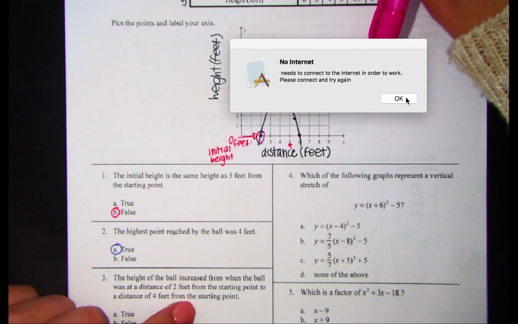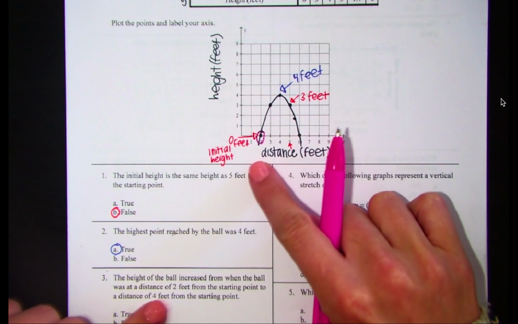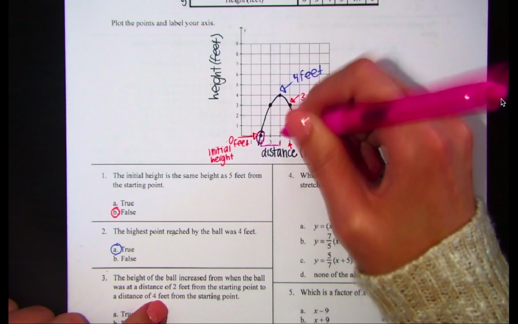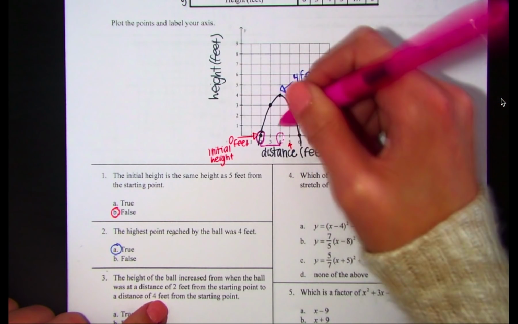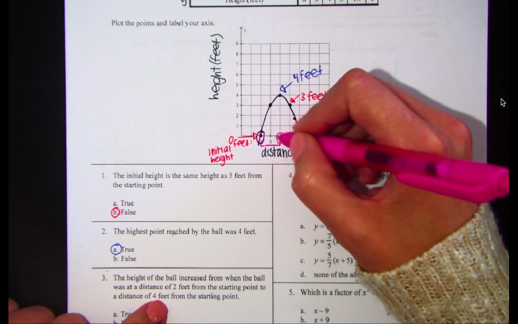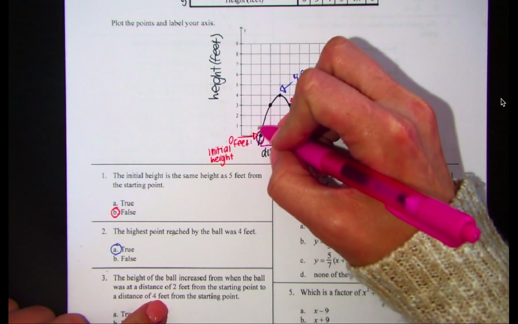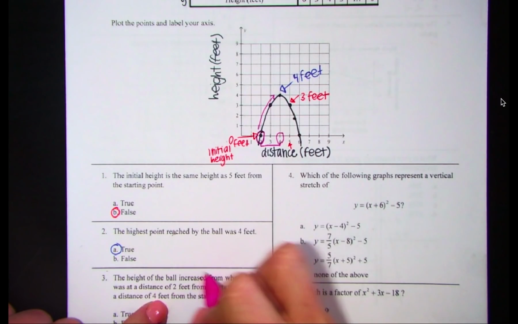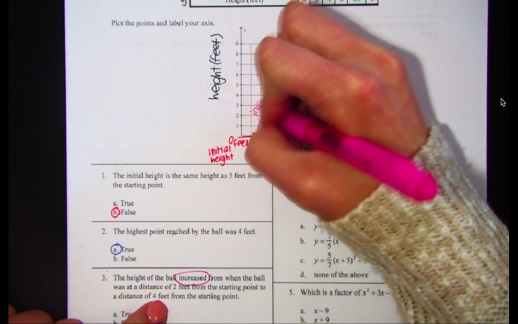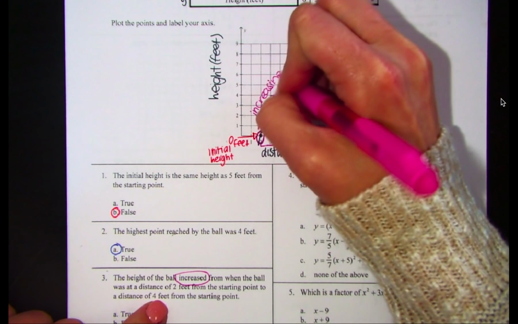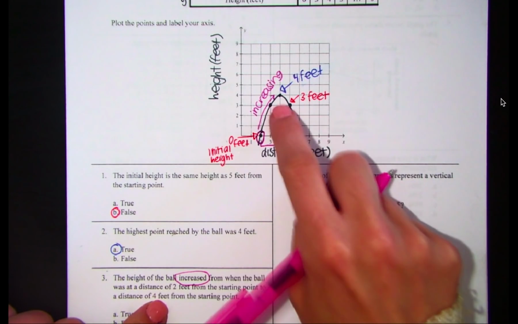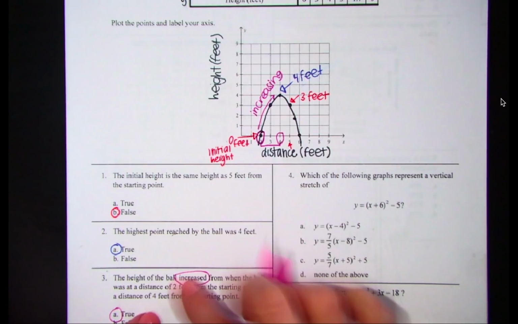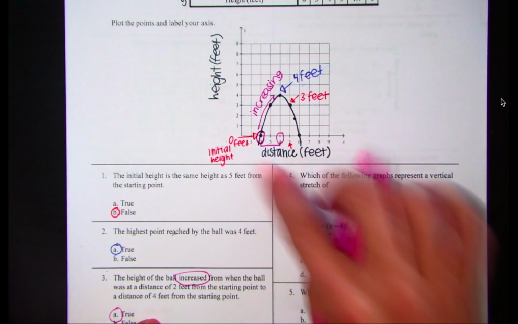And then 4 feet from the starting point would be this point. If we look between those two, we see that the graph is going up. So the graph is increasing. So that is true. Between 2 and 4 feet, it is going up. So we would say true, it did increase.